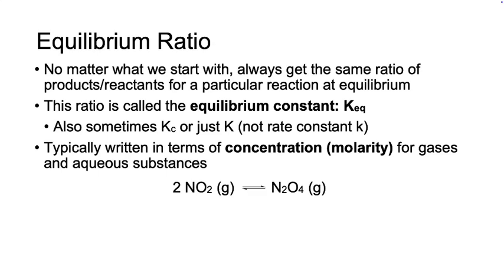I mean, you could theoretically do that for a gas, but more than likely, what's the better measure for gases? How do you measure gases? Pressure. So we could also see KP for pressure. That gives us some context of what units we're using when we solve and build this system out.